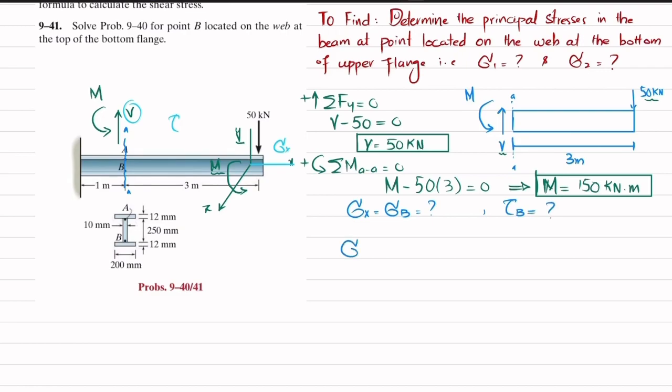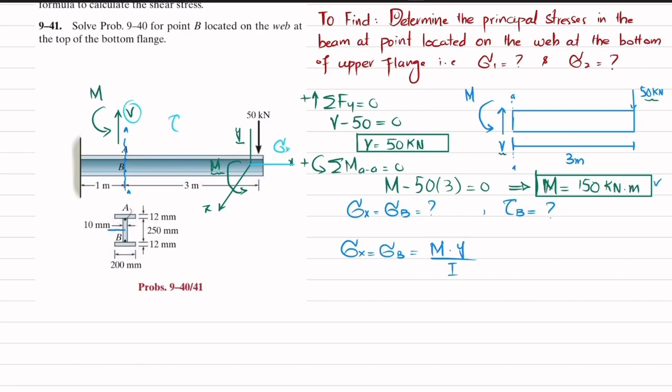And since we are finding at B, so we will find this. So we know that sigma x, or sigma at point B, bending stress due to bending moment, is equal to moment into y divided by I, clear. So moment is 150 kilonewton meter. So what is y? So y is again, this is a symmetrical beam.